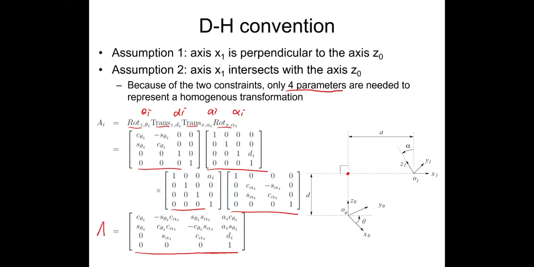In the future, we will directly use this Ai matrix. For an arbitrary transformation from one frame to the other, we can always use four parameters to represent it, which are theta i, alpha i, di, and ai. Once we find these four parameters, we can use Ai, which is the homogeneous transformation matrix from i to i minus 1.